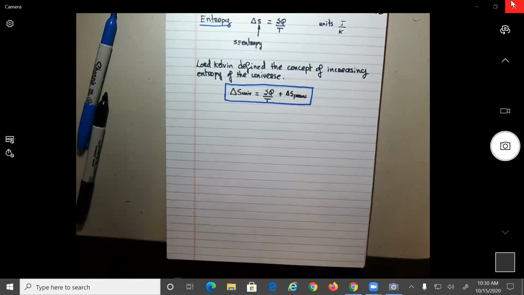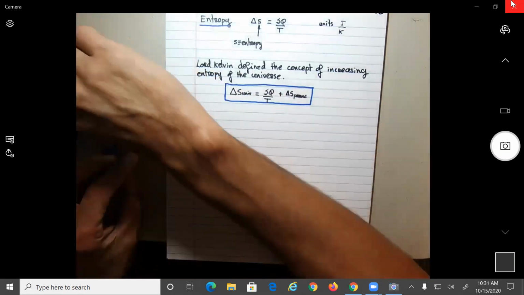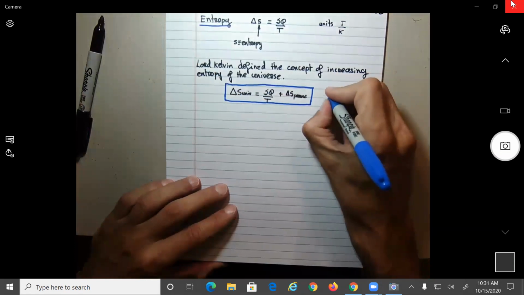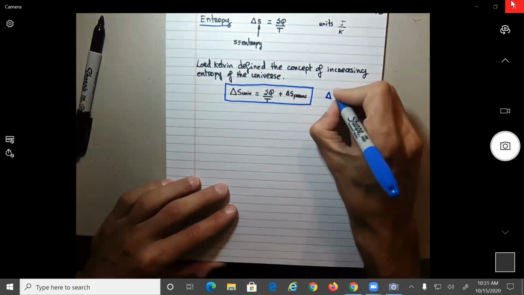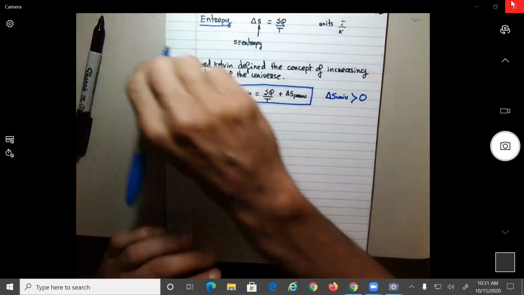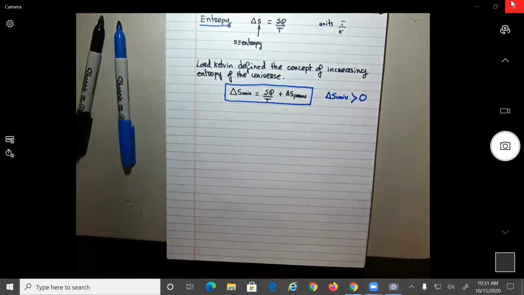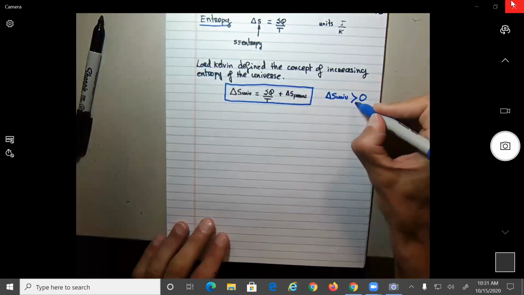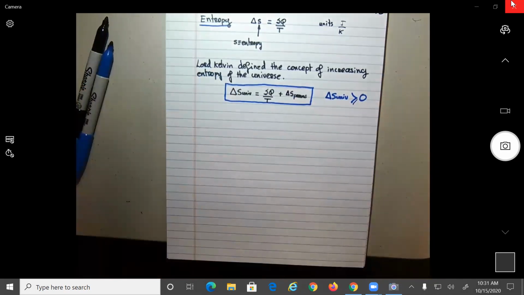So the concept of entropy of the universe means that the entropy of the universe keeps increasing. It will always be higher than or equal to 0, but will always be increasing.